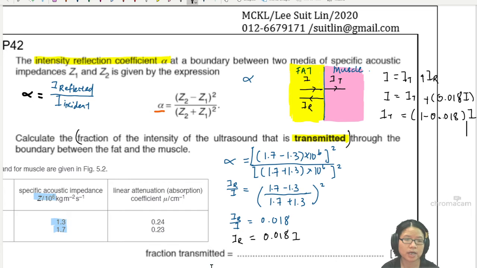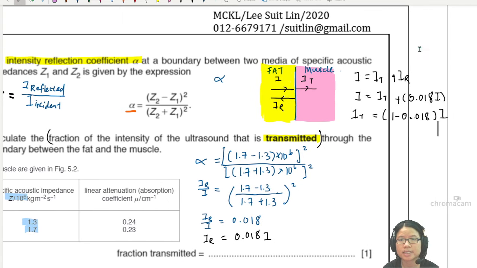What is happening here is this IR, I highlight for you. This IR is this much in terms of I. Then I bring this 0.018I over to minus. So I minus 0.018I. So 1 minus 1.